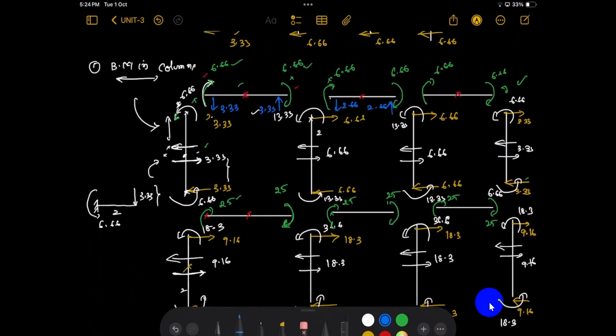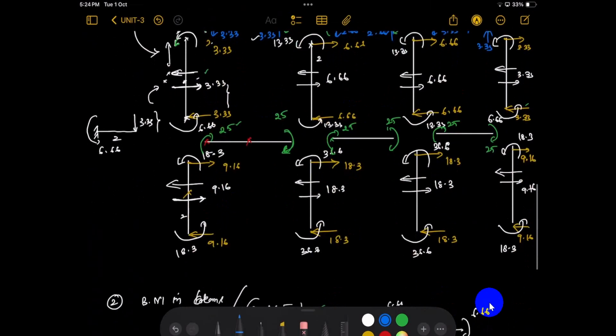Here again the span length is 4, so again 3.33. Then here 25, 25: 50 divided by 4 is 12.5.